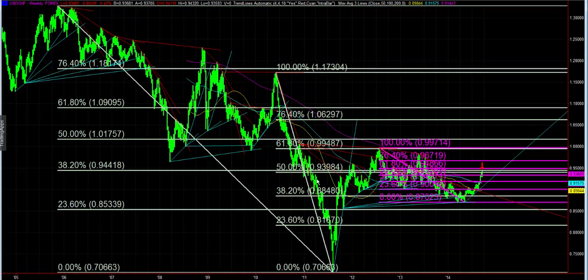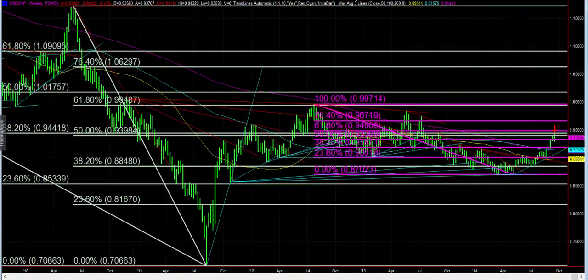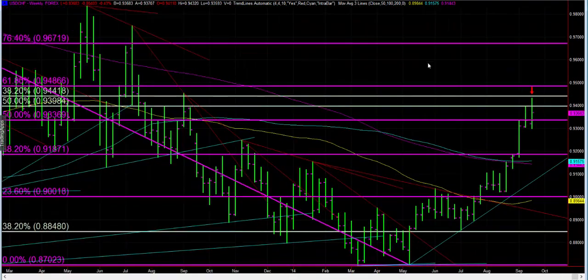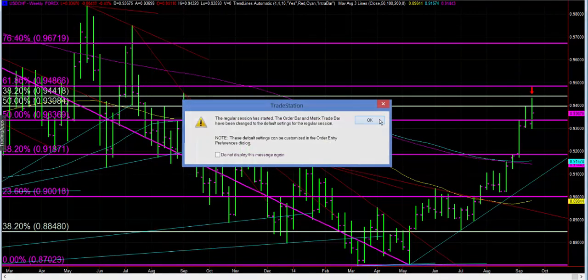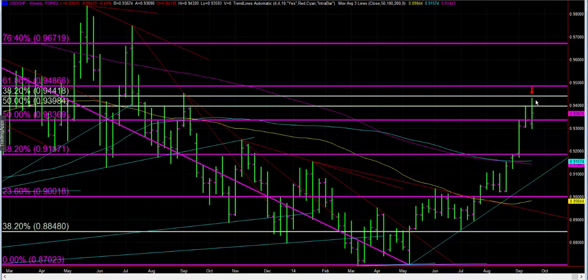When we draw our Fibonacci retracement levels, this 94.41 level, which is this horizontal line that we're looking at here, is actually resistance. So what happened today is the dollar approached this area for the first time since September 2013. And then what happened is it came off. So interestingly, that was a very technical move.